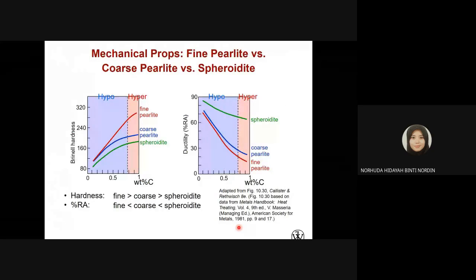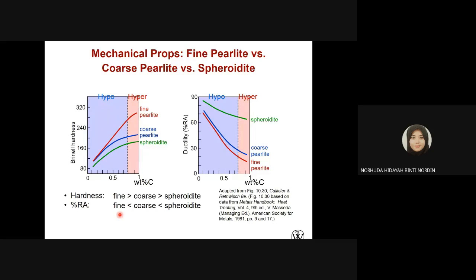This is the same for fine pearlite versus coarse pearlite and spheroidite. Fine pearlite is much harder than coarse pearlite. But spheroidite is very hard, elongation low.